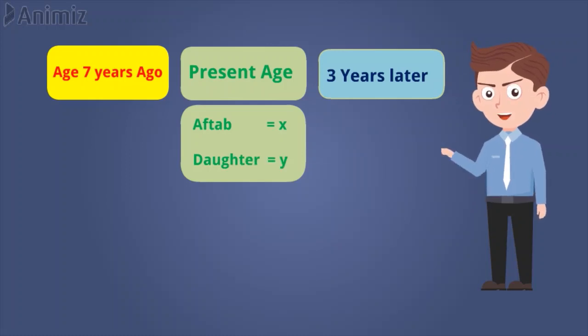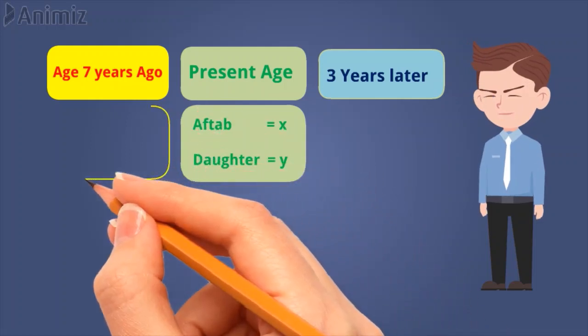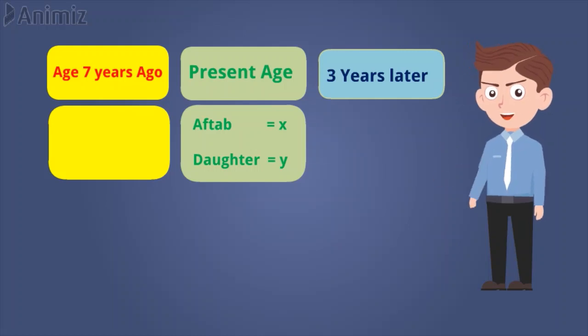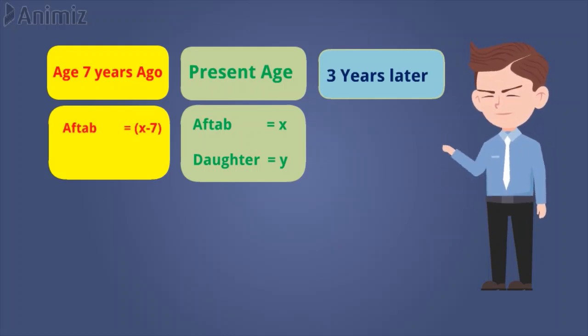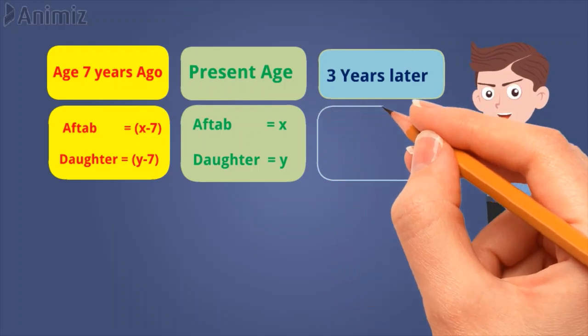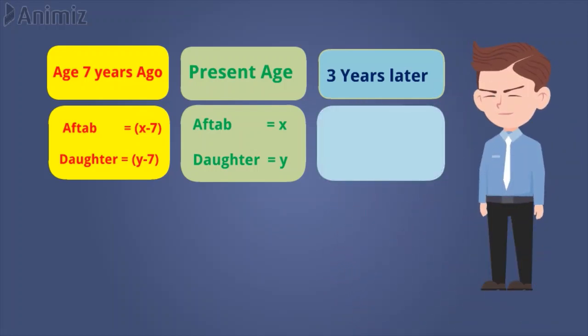Now 7 years ago means 7 years back, so the age of Aftab at that time will be x minus 7, and the age of the daughter will be y minus 7. Similarly, after 3 years, or 3 years hence, the age of Aftab will become x plus 3 and his daughter's age will be y plus 3.